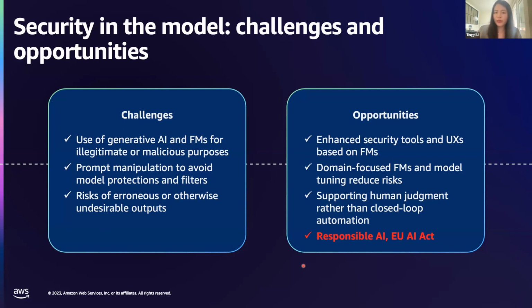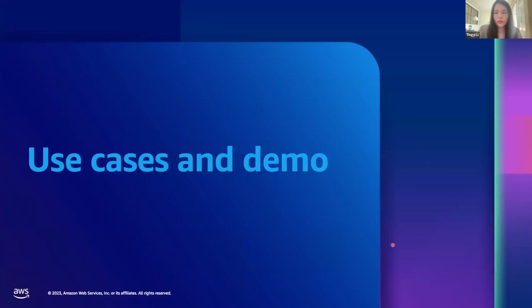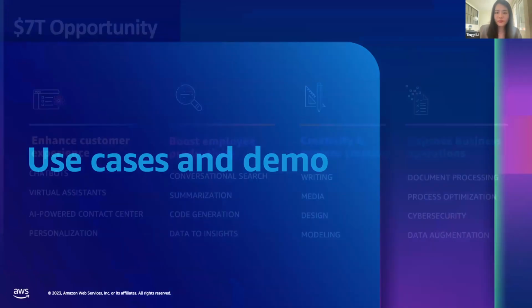But we are seeing more and more of this responsibility from different model vendors or generative AI companies. And of course, from the EU side, we have the EU AI Act to try to regulate the industry a little bit. So it's catching up a little bit, but it's the whole community's responsibility to make sure that it's secure and in control. All right, now we jump to the interesting part, the use cases and demo.